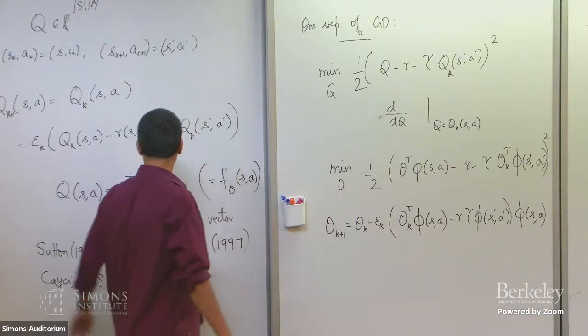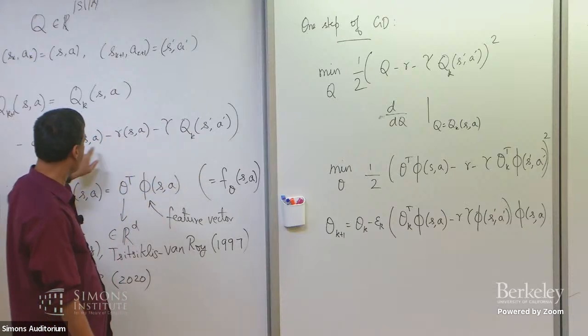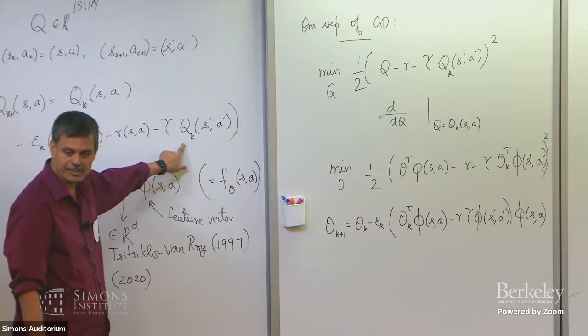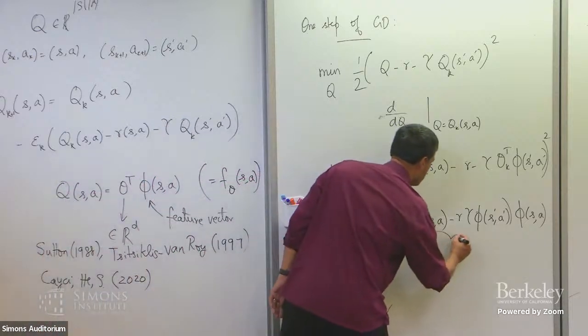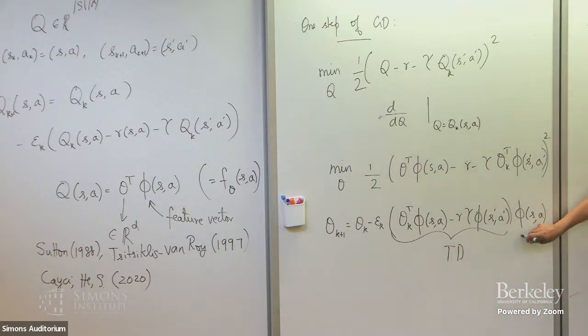It's essentially the same algorithm. You're using the temporal difference, exactly Q_k minus R minus gamma times this. But you're updating your theta in the direction of the current feature vector. That's it. Before, we were updating one coordinate, a scalar quantity. Now you're updating a vector quantity, and this suggests that you should move theta in the direction of the current feature vector. Okay, that's clear.